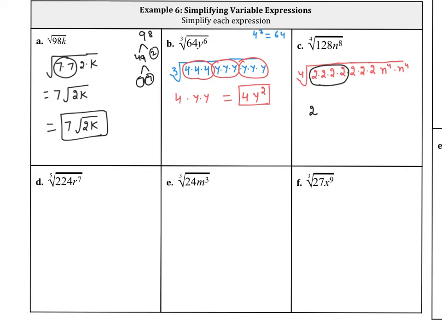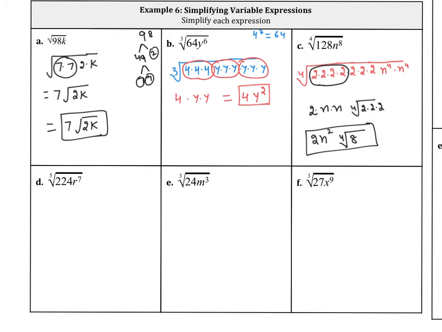N to the 4 cancels with the 1 over 4, so that's 1n outside. Again, this n to the 4 cancels with this 4, so there is 1n outside, and there is 2 times 2 times 2 staying inside. So your final answer is 2n squared, fourth root of 8.